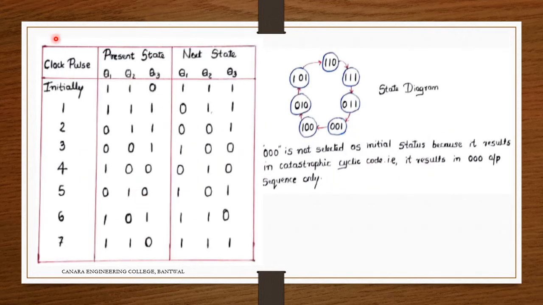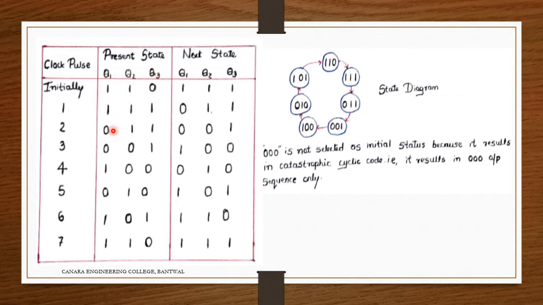Now with the clock pulse, initially I have to consider one state here. If I give 0 0 0 initially, Q2 and Q3 add to 0, which is fed back to Q1 as 0, so again 0 0 0.